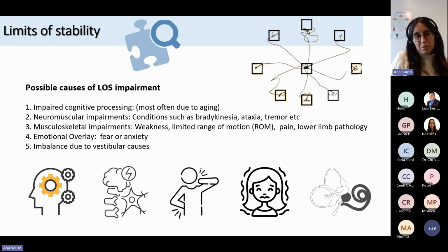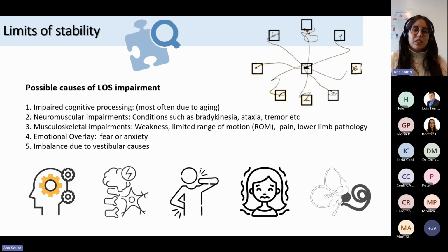You see in the top right corner, this drawing represents the center of pressure excursion in the 8 directions that are part of the protocol. So the person is in the middle and has to lean to achieve these 8 targets, and these lines are the center of pressure excursion.